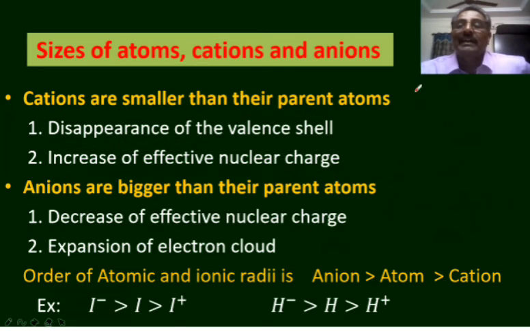In the same way, anions are bigger than their parent atoms. An anion is formed by the gain of electrons by the neutral atom, X gains one electron to form X minus, or X gains 2 electrons to form X2 minus. So in the formation of negative ions, usually a new shell will not be added.